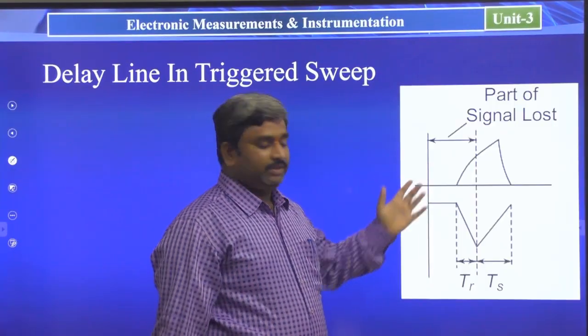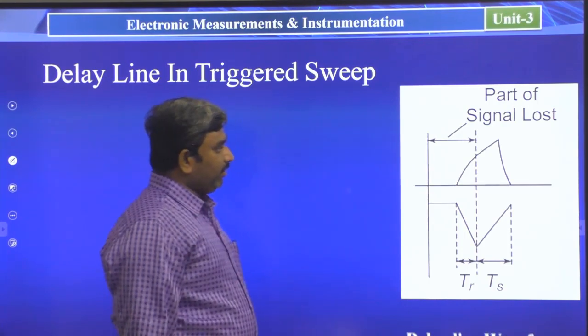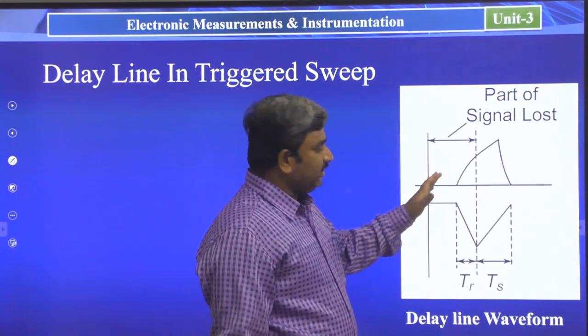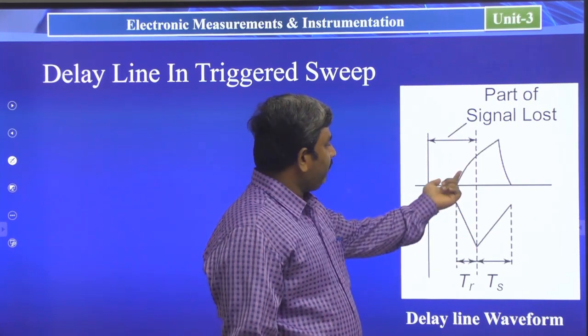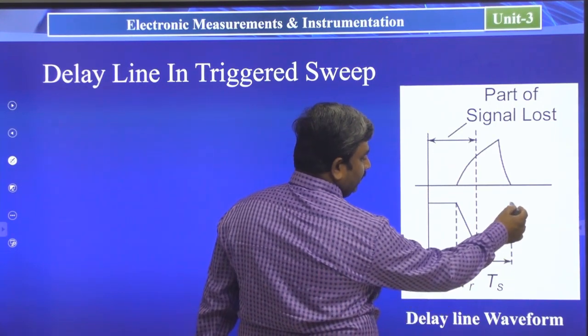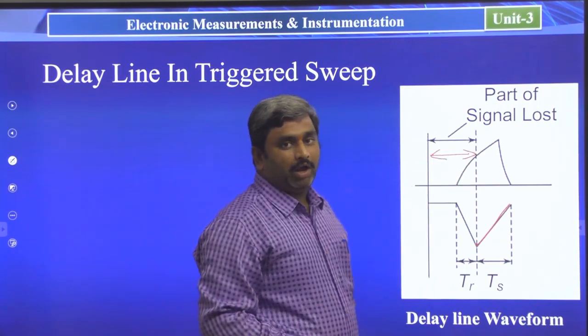Okay, see here, this is a waveform. This is the waveform of our CRO. This is called the delay line waveform. In the starting place, see here, the sweep period is started here. Before the sweep period, this is the period where we lose the signal.